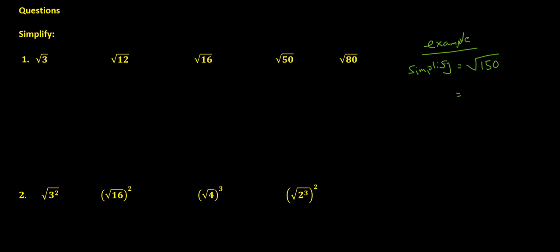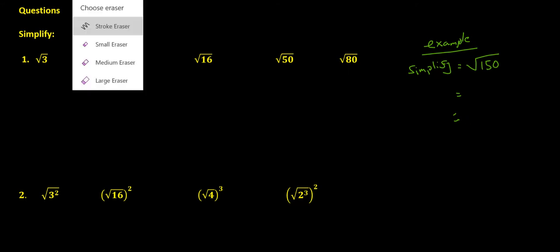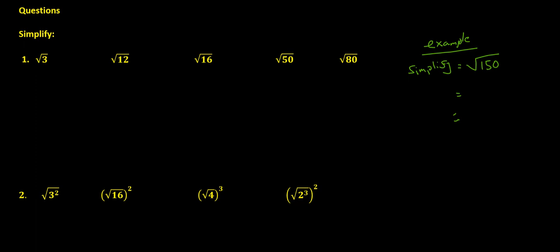Now the idea when we're simplifying these is to split the number up into a product of a square number and another integer. So we can write this as a root b. Well, there's a few ways we can do this, but one of the easiest ways is to find the largest square number that divides it.